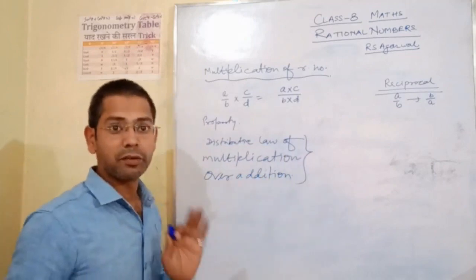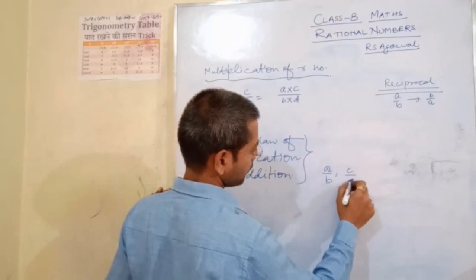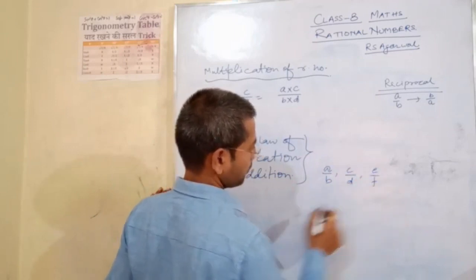For this we need three rational numbers: a upon b, c upon d, and e upon f.